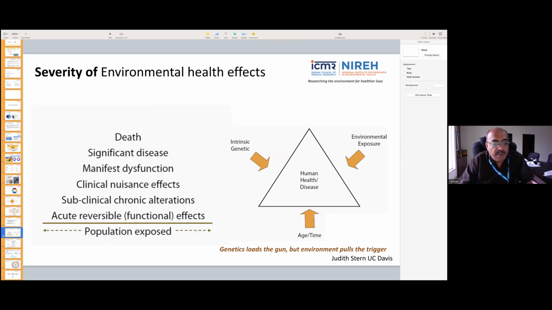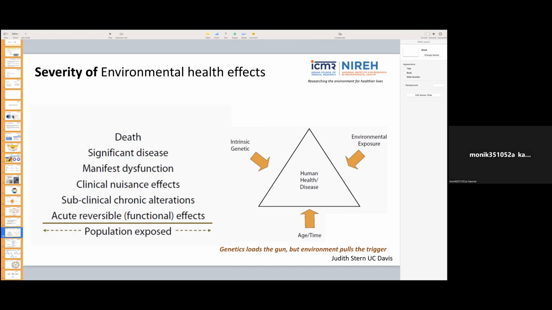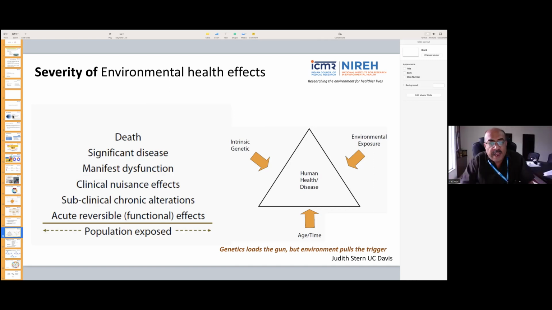So a large population is exposed and very few die because of this, and still there is controversy about those deaths. We always say conditions like cancer, conditions like allergies, we always imply genetic makeup as causing these conditions.